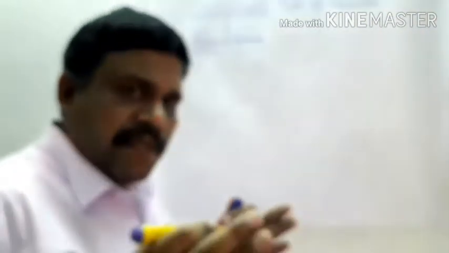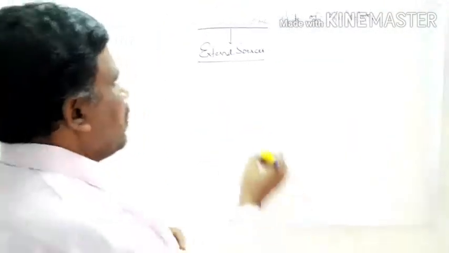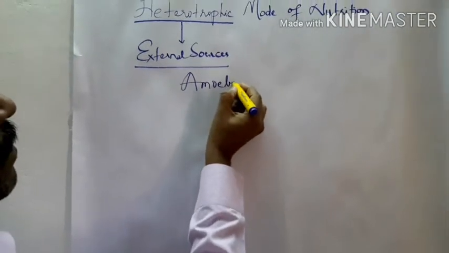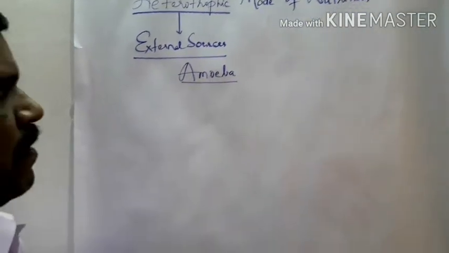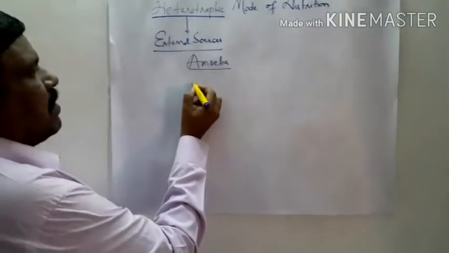One, let us take the primitive unicellular organism belonging to phylum Protozoa, that is the amoeba. Amoeba, as you know, is a unicellular organism.